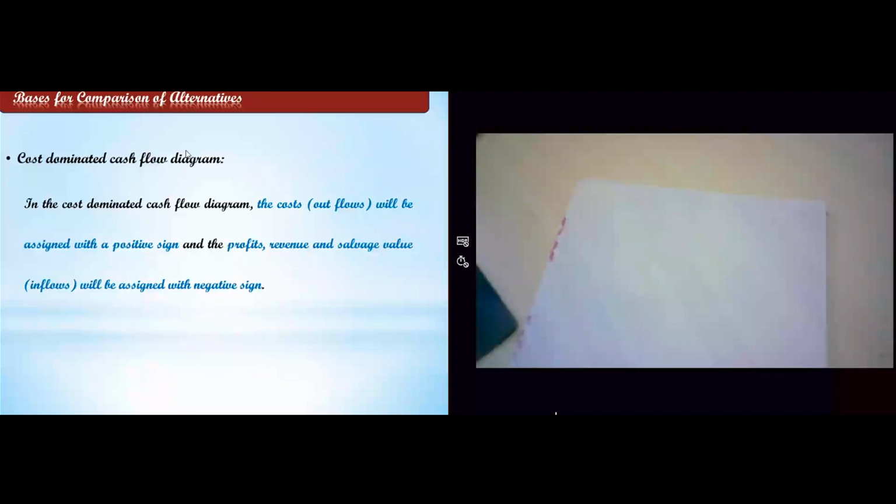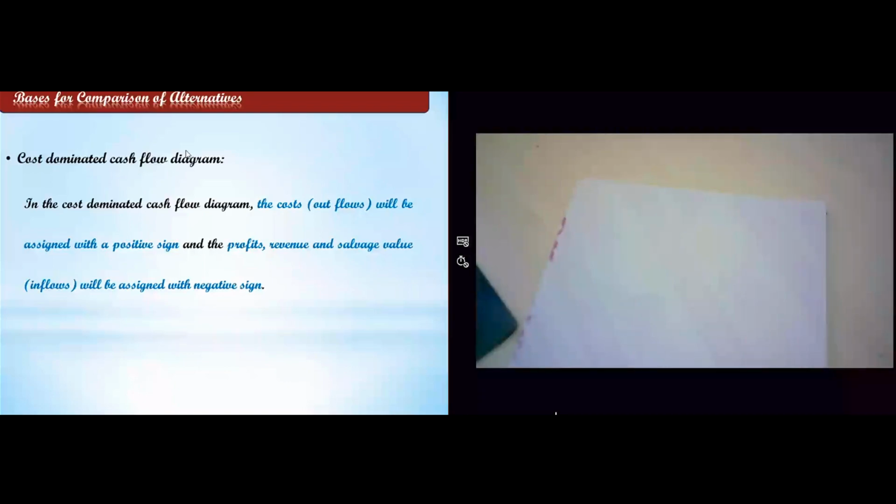That is the sign convention. In the cost dominated approach, all the cost factors like the initial cost, annual operating cost, and any other maintenance cost will be taken as positive, and the salvage value.